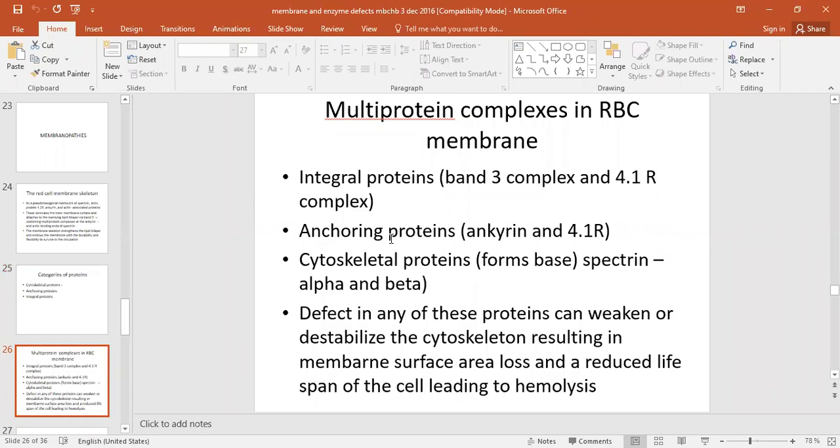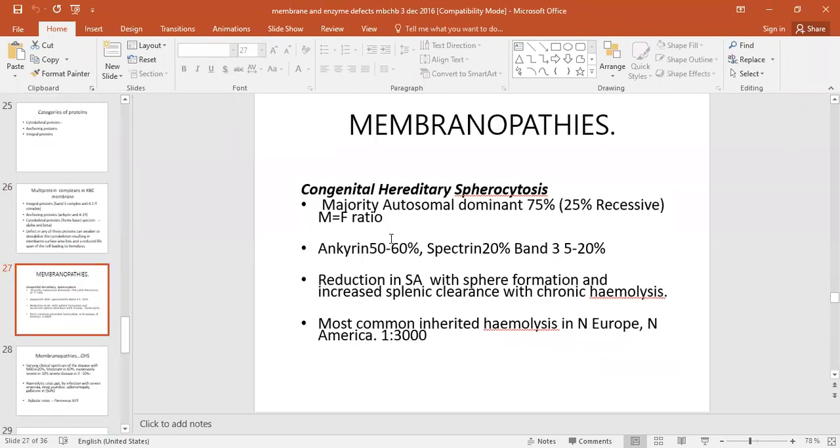And so you lose surface area, and you reduce the lifespan of the cell. This leads to early destruction of the cell, and of course, we know that hemolysis is early destruction of red cells. So any defect associated with any of these proteins will cause early destruction, and so hemolysis will easily set in.